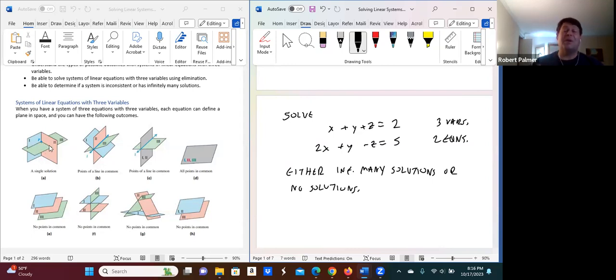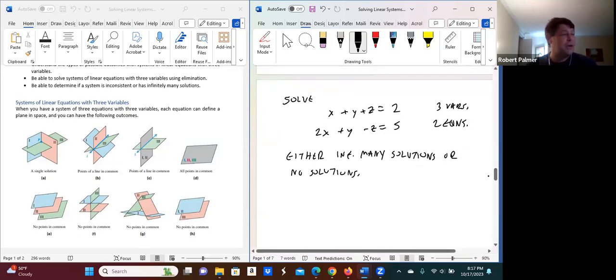That's not possible since we only have two equations. So either these two intersect in a line somewhere. Think of the top half of part F, where you just have two planes intersecting in a line, because there's no third plane. Or it's possible they could both be parallel planes, like the first two here, and they have no intersection at all. Okay, but let's find out.